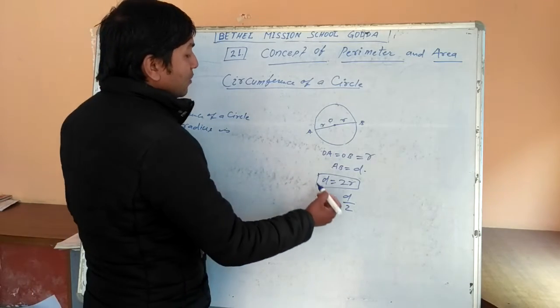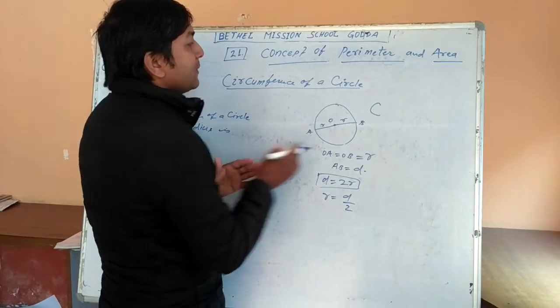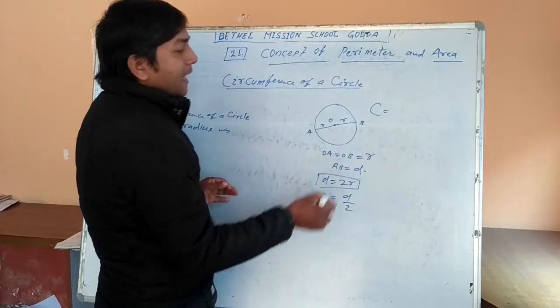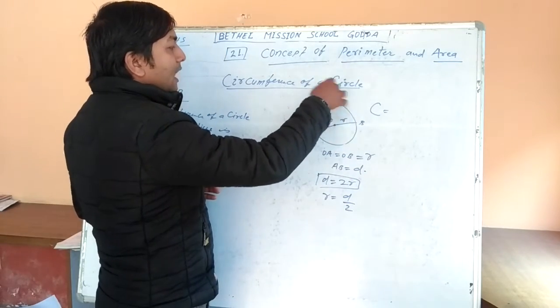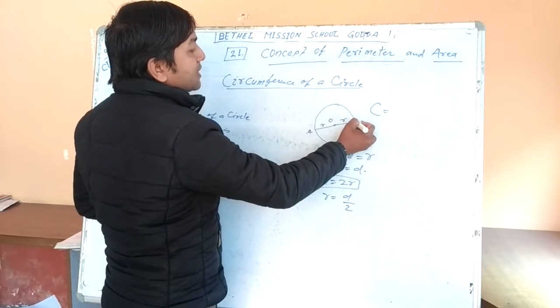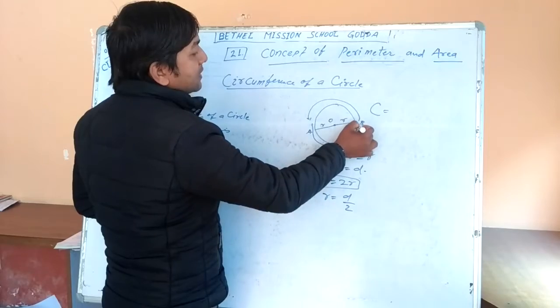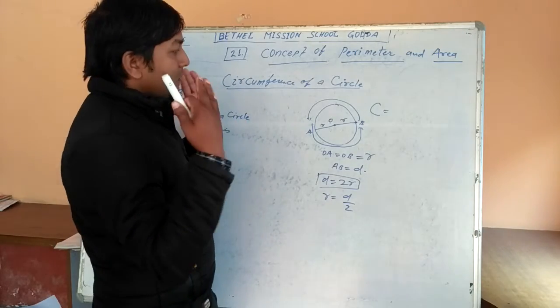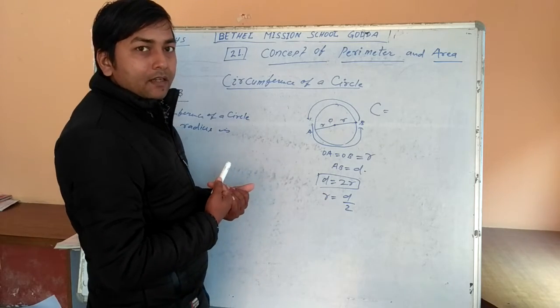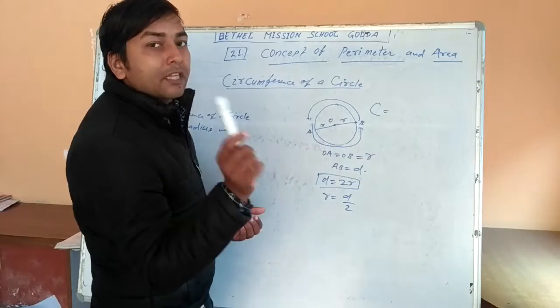Now what is the circumference of a circle? Circumference means the perimeter of a circle, the distance around a circle. If you start moving from here, and move around the circle, this is called the circumference of a circle. Okay? It means the perimeter of the circle.